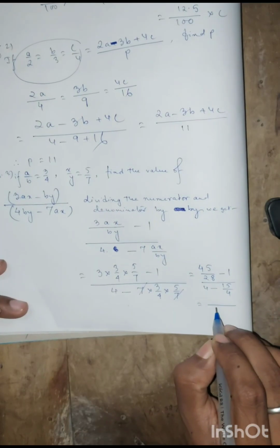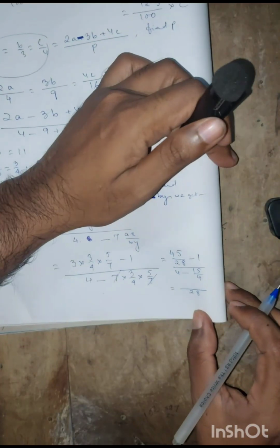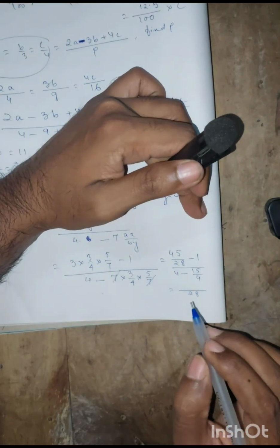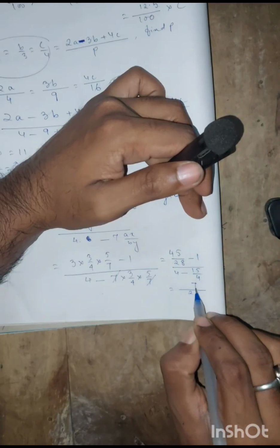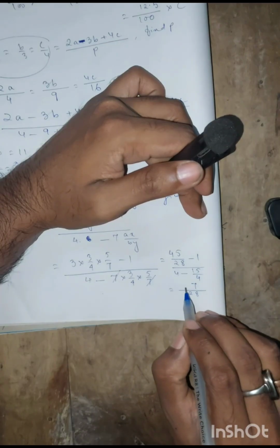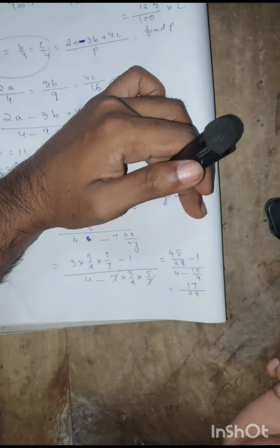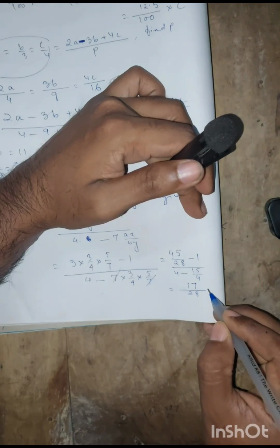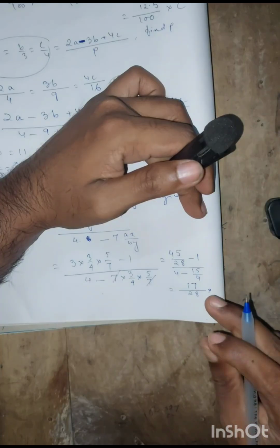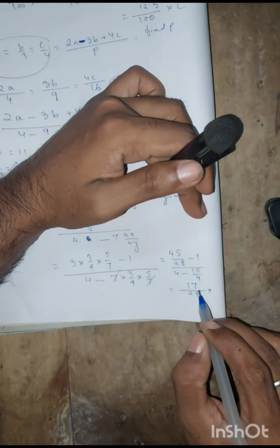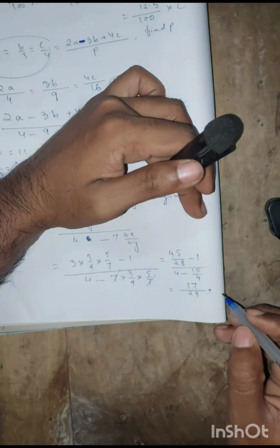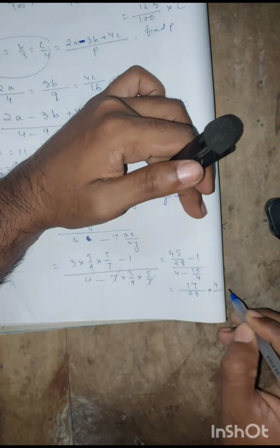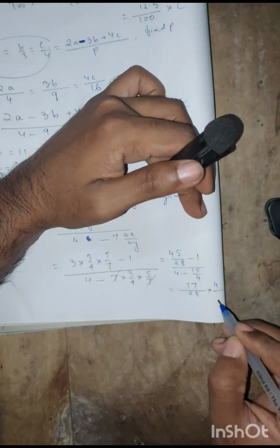So in the numerator we can write 45 minus 28 is equal to 17 by 28 into, we can write 17 by 28 into 4 by 1.